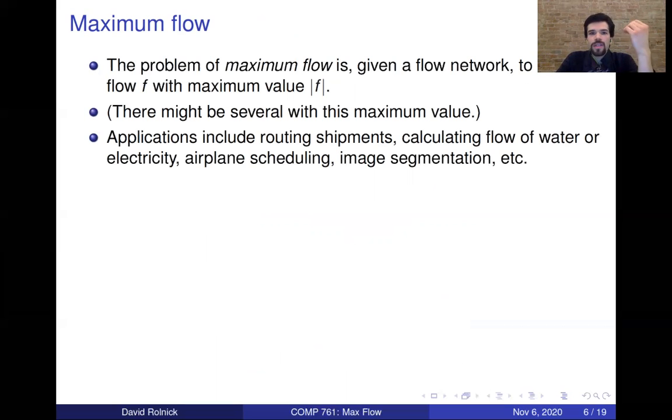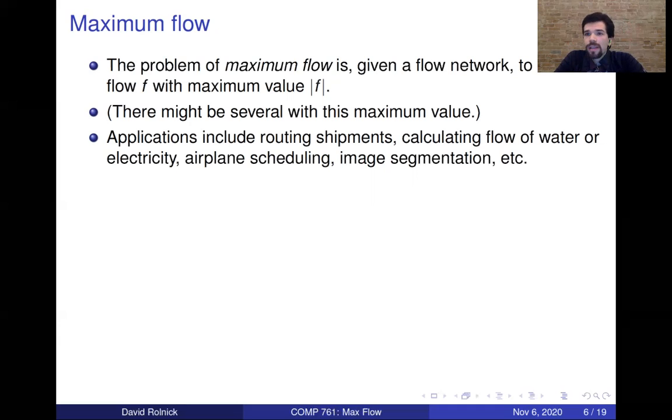Some applications include routing shipments, for example, as we saw in the initial problem last time. How to route shipments in the optimal way if there is a certain capacity transporting these things. Calculating the flow of water or electricity, because this is sort of modeling what would naturally happen.